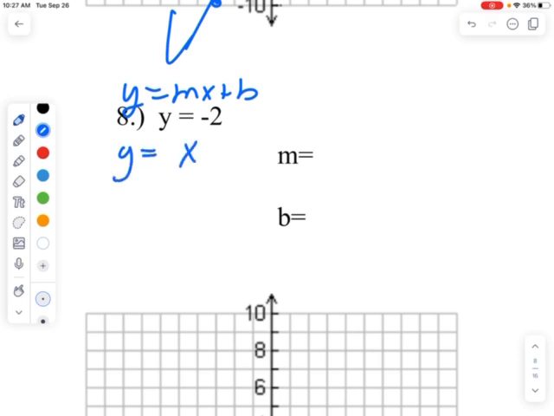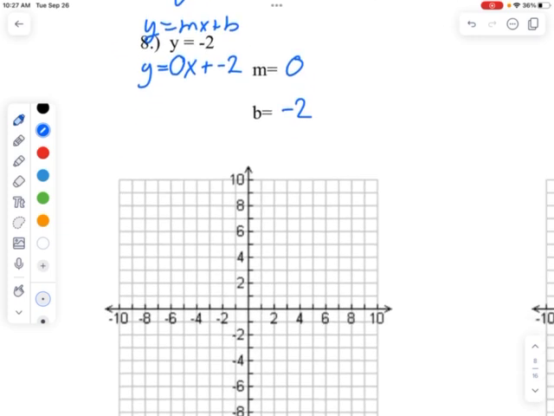So the only way that x can vanish is if it's multiplied by 0. So my slope has to be 0, and then plus -2. So now I can pull out the slope as 0, and my y-intercept is -2.